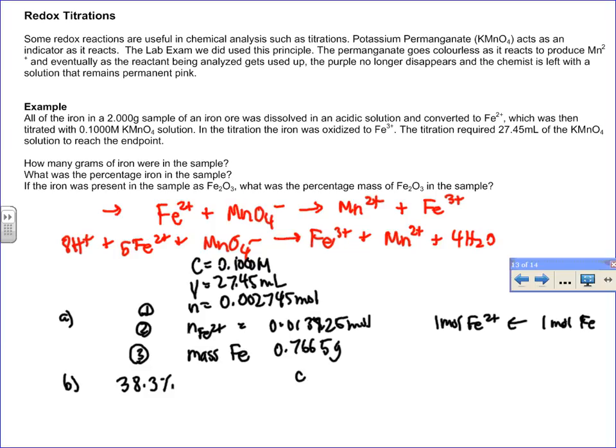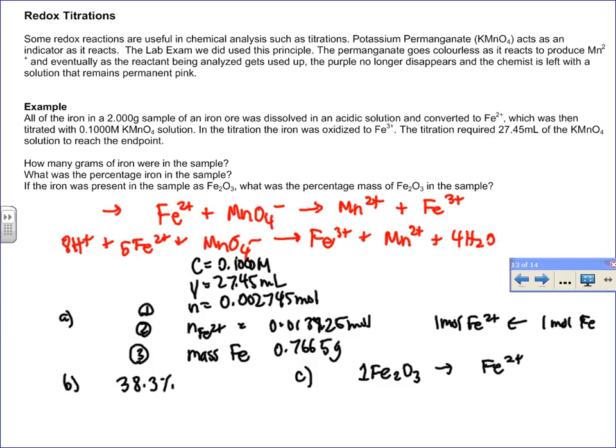Now in part C, it's saying, what if the iron was actually in the sample as Fe2O3? If it was in the sample as Fe2O3, the ratio between the iron oxide and the Fe2+ would not actually be 1-to-1.